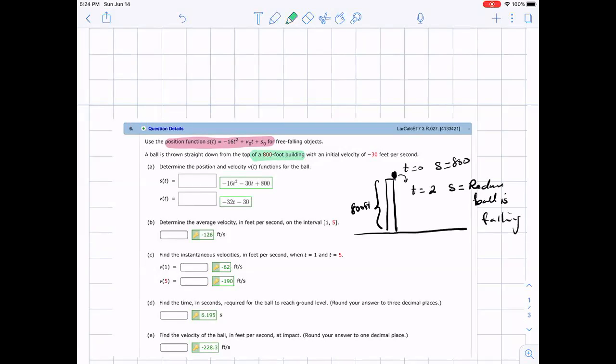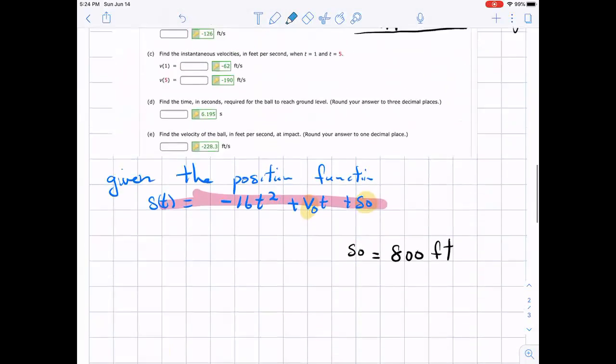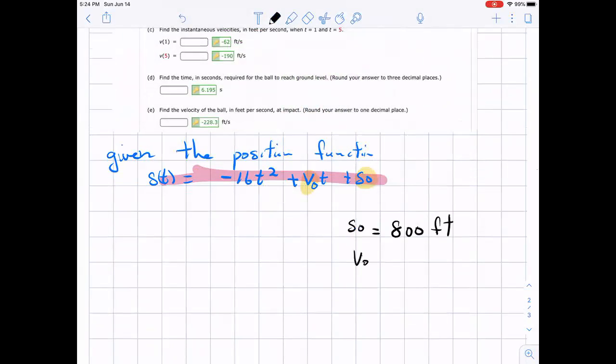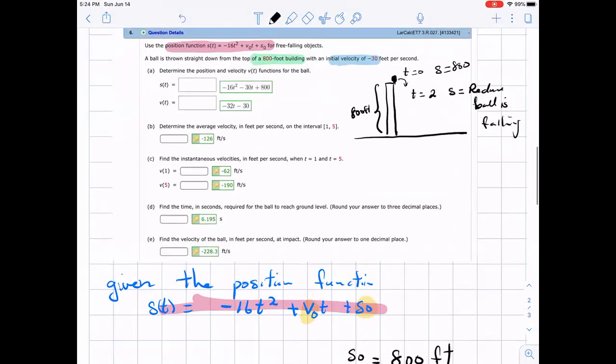And the initial velocity given to you was minus 30. So that means that v0 is minus 30 feet.